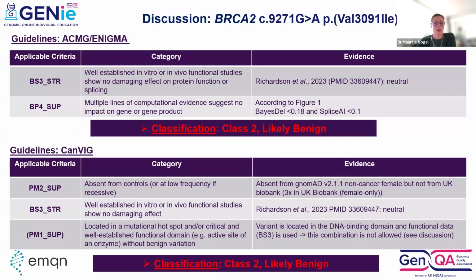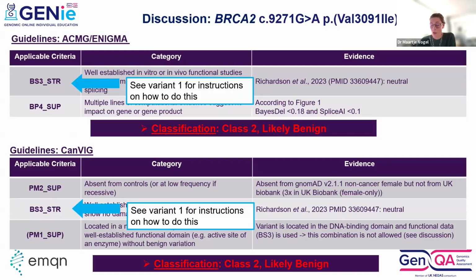And the biggest piece of evidence here, next slide, please, is again functional data. So there's the paper of Richardson et al., and they've tested this variant and concluded that it's a neutral variant. And if you want to know now how you should value this paper in your classification, you can do that in a very similar way as we did for variant 1.